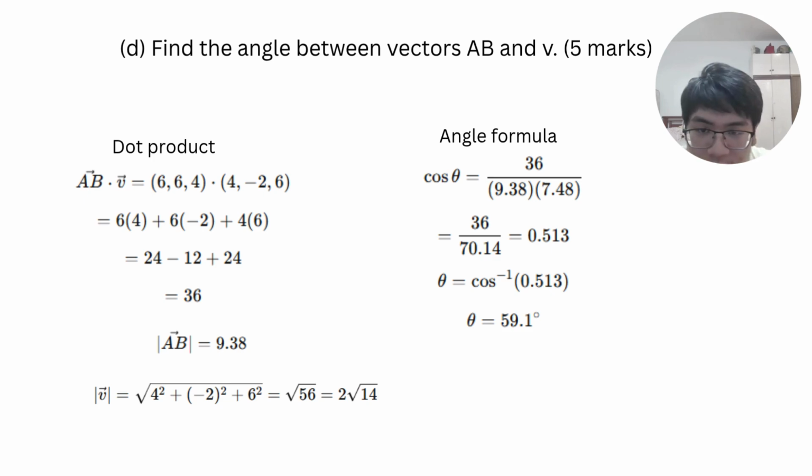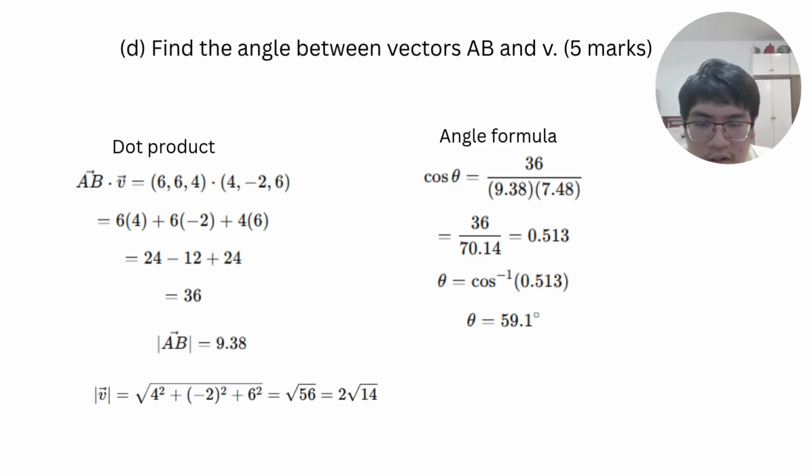The magnitude of AB that we found in question B is equal to 9.38. So we just need to find the magnitude of vector v, which is the square root of 4 squared plus negative 2 squared plus 6 squared, equals the square root of 56, equals 7.48.